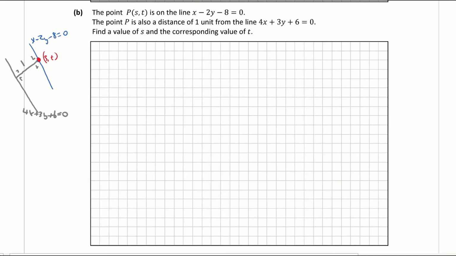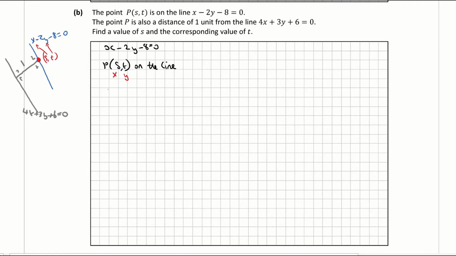Now once again, it's similar to part A. If that point is on the line x minus 2y minus 8 equals 0, I'm going to satisfy that by subbing in S and T for x and y. That's the first thing I'm going to do, just to verify the point sits on the line. So I'm basically going to sub S in for x and T in for y.